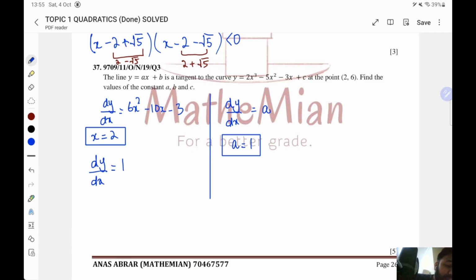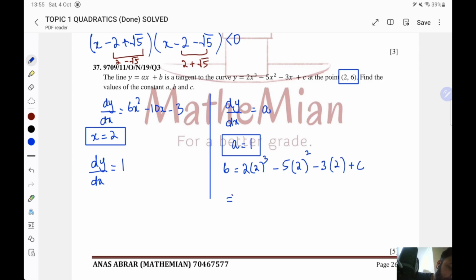Now let's find the value of b. For finding the value of b, we will substitute the coordinates, which are 2, 6, and the value of a, which is 1. So substituting these, it will make y is 6 equals 2 times 2 to the power 3 minus 5 times 2 to the power 2 minus 3 times 2 plus c.